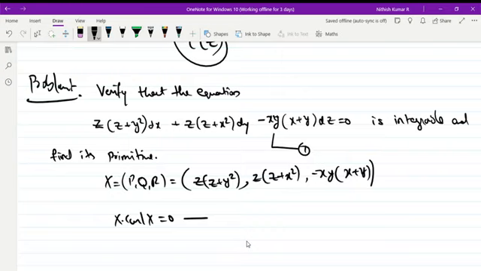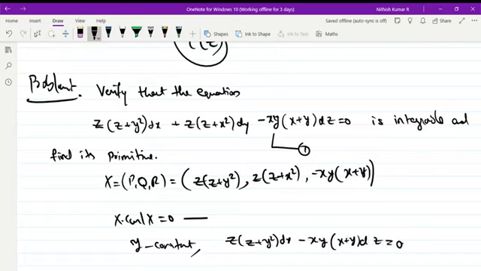So here I will treat y as constant, and hence equation 1 becomes z into z plus y square dx minus xy into x plus y dz equal to 0.